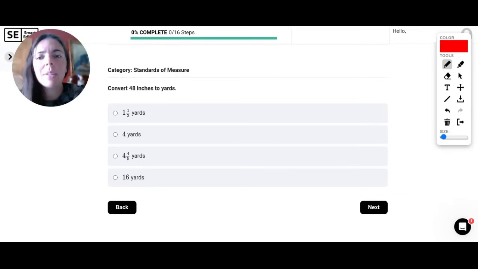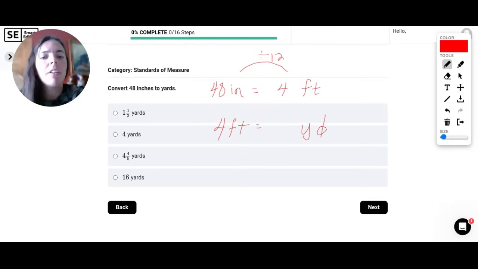All right, for this next one, let's convert 48 inches to yards. So if I'm going from inches to yards, I might want to take an extra step in there and go from inches to feet first. I know that conversion pretty well. So there are 12 inches in a foot, so I'm just going to divide by 12. So when I divide by 12, I get 4 feet. So now if I'm going from feet to yards, there are 3 feet in a yard, right?